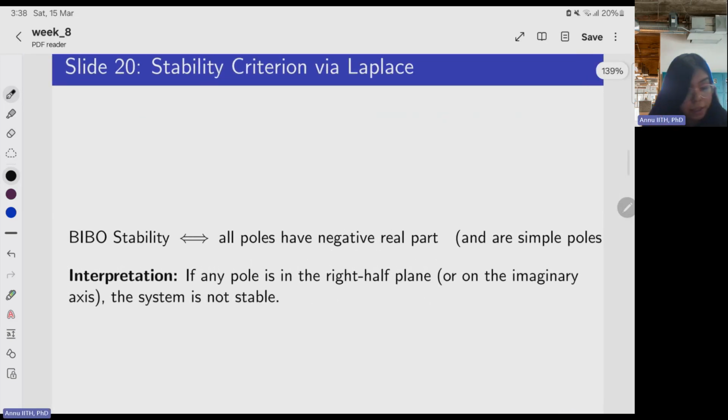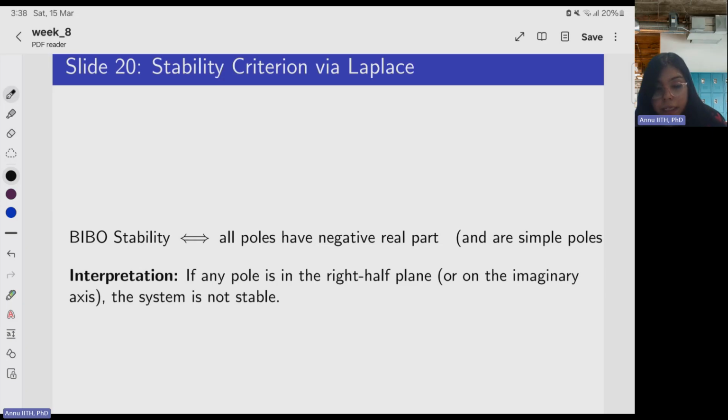BIBO stability means all poles have negative real part and are simple poles. The interpretation is that if any pole is on the imaginary axis or to the right, the system is not stable.